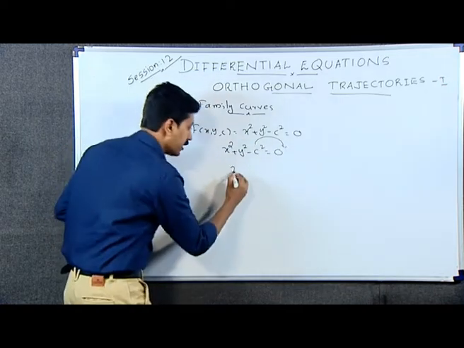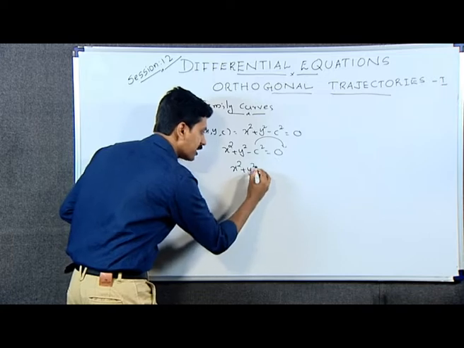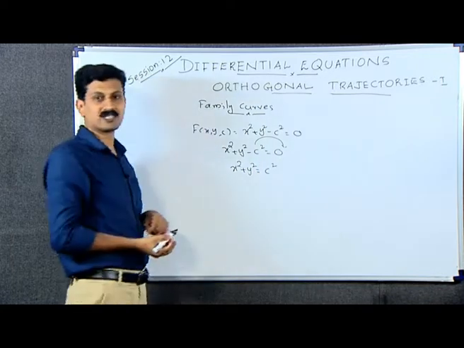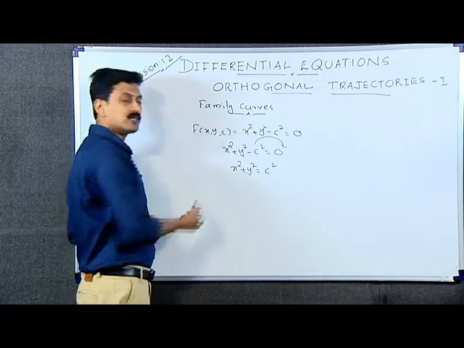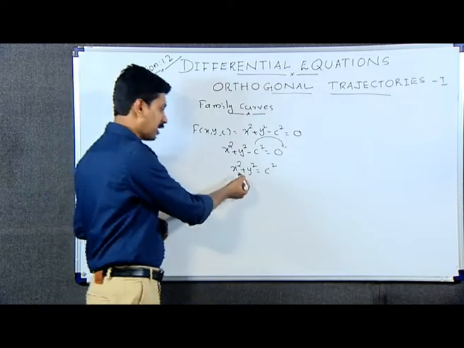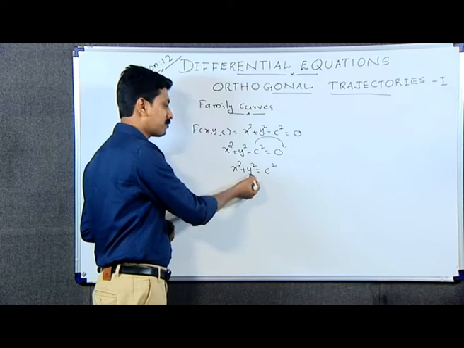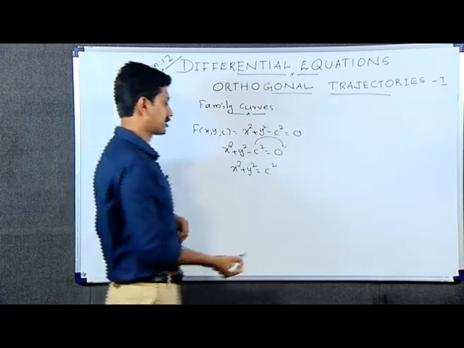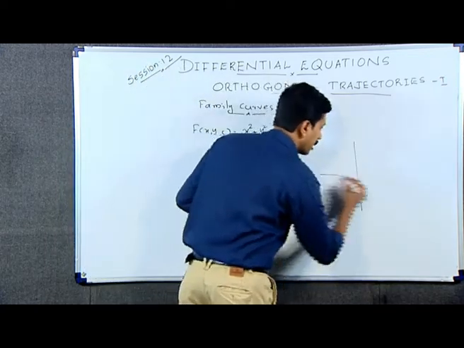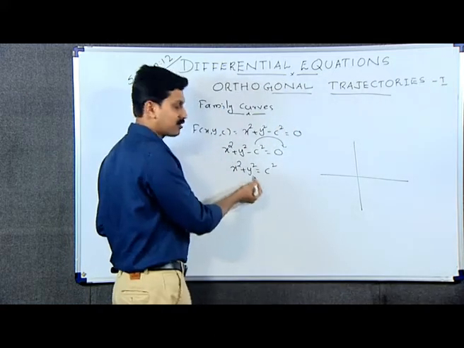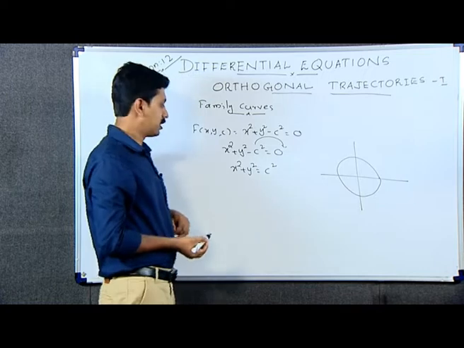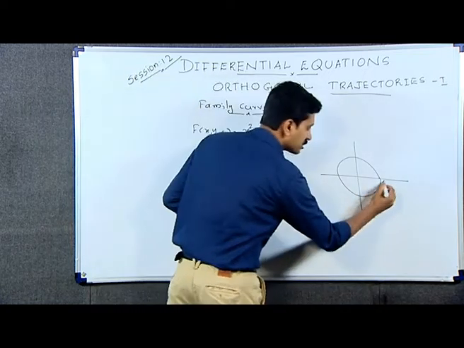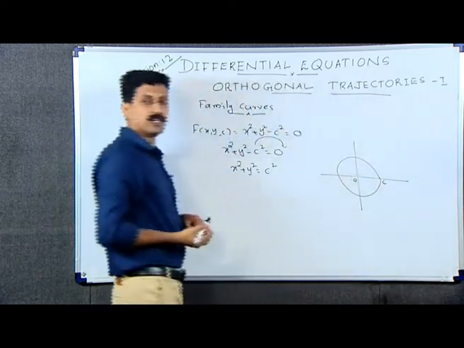What will happen? x squared + y squared = c squared. From our basic high school classes, we know this is a geometric structure: circles centered at the origin with radius c.